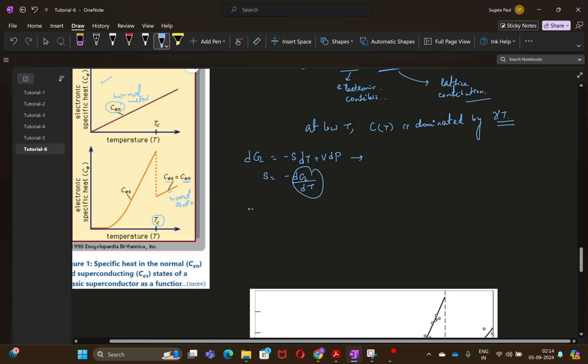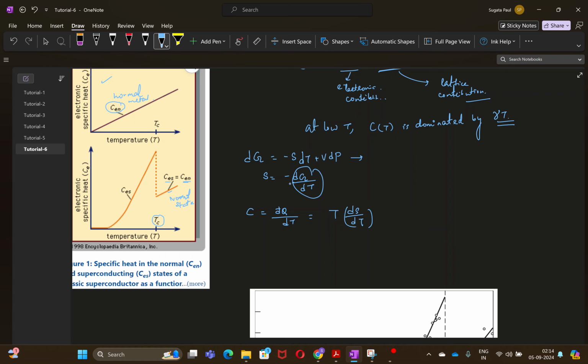But what is the specific heat? If you remember, this is just dQ/dT, or in other words, T times dS/dT. That is because dQ can be written as T dS, and you can write the whole thing as T multiplied by dS by dT. That means you need to take a derivative with respect to temperature of the entropy.